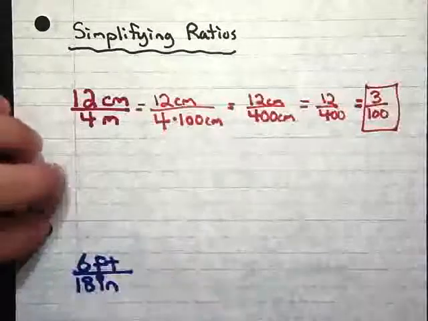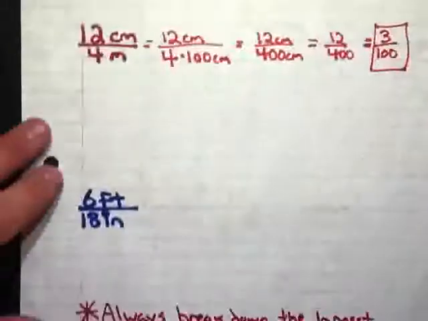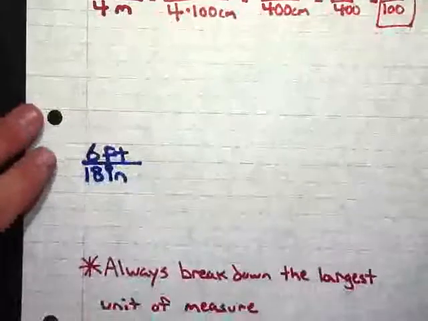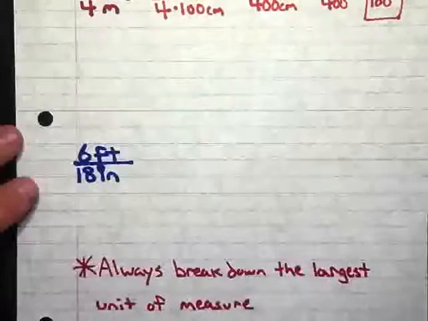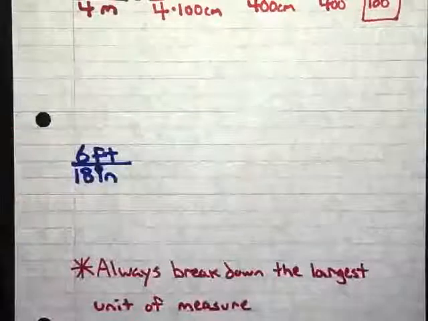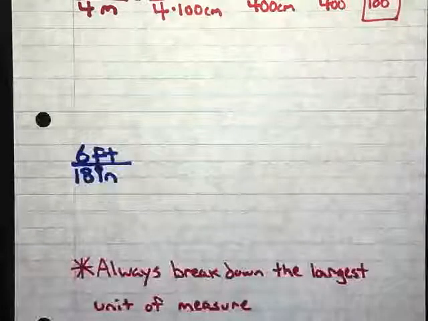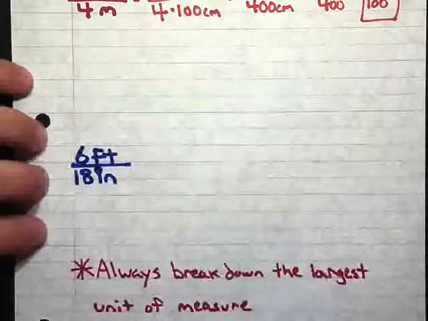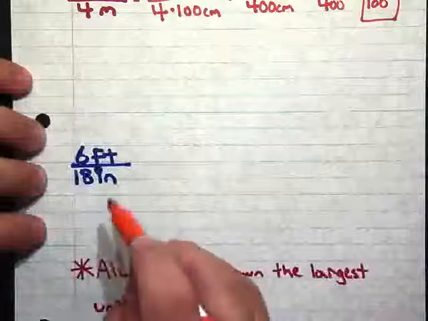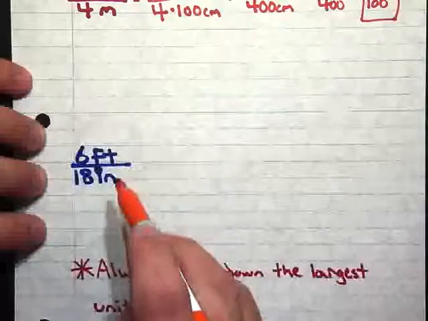Okay? So now let's go ahead and take a look at our second example here. And here we have 6 feet over 18 inches. Okay? Now, feet is obviously bigger than inches.